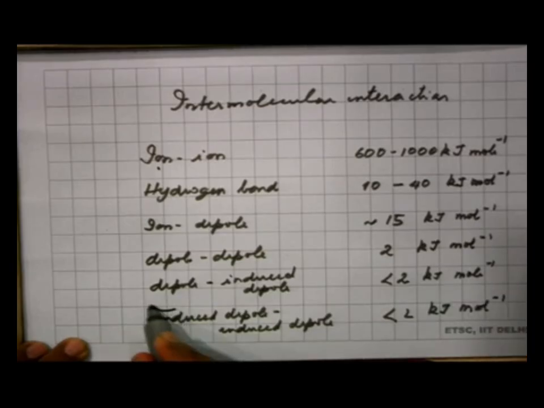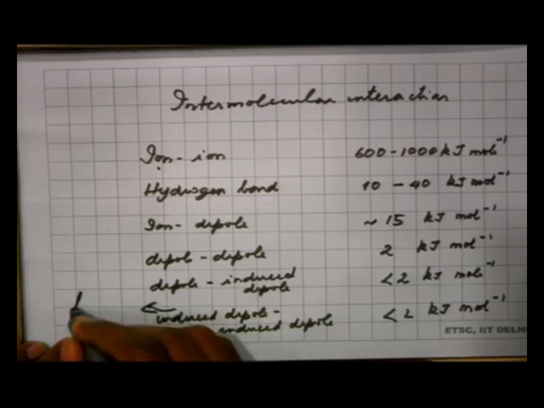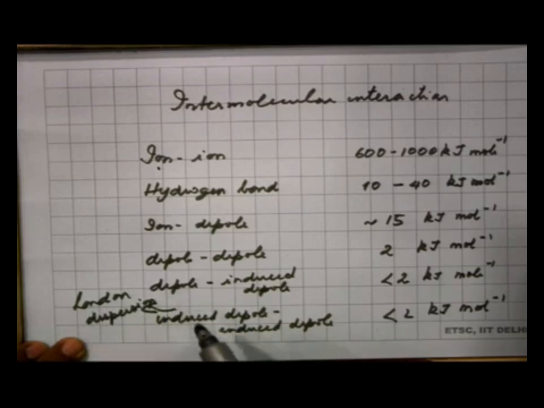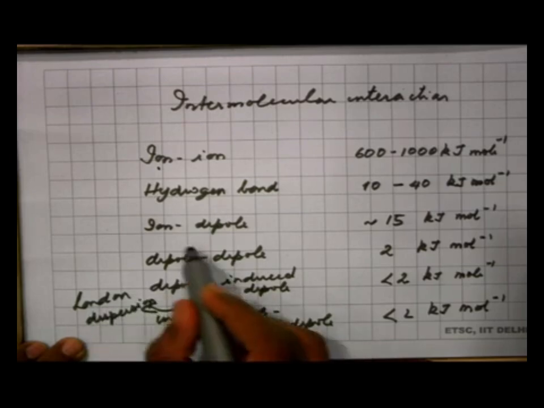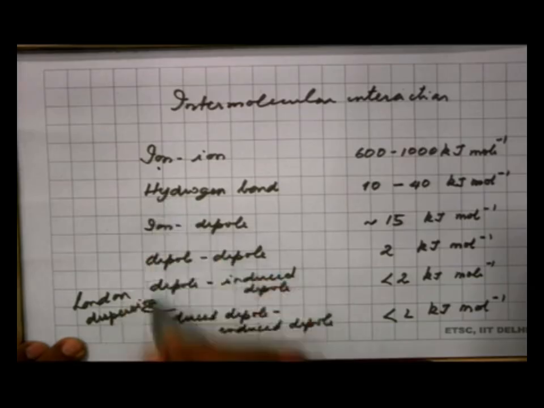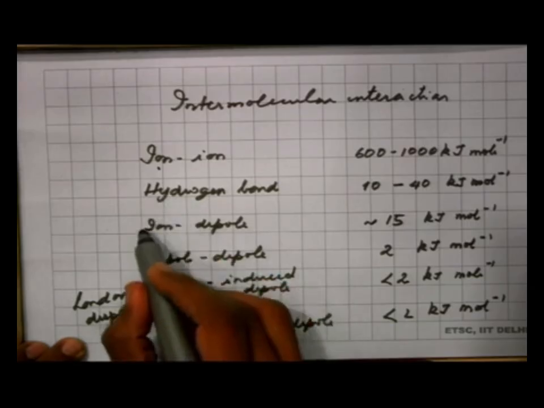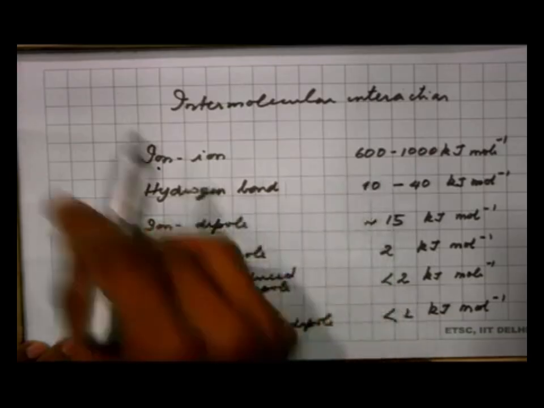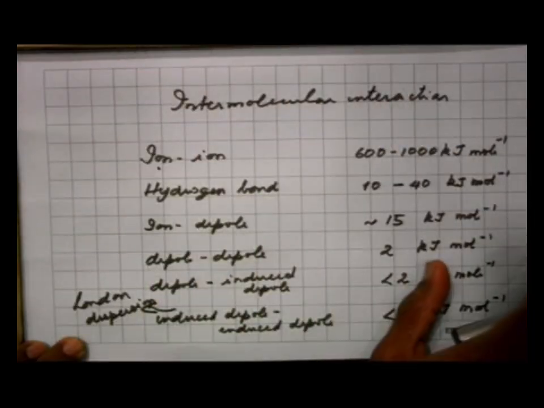And this one, people might call it London dispersion. And often all three of these, maybe the ion-ion and the ion dipole excluded, would be called van der Waals interaction by some people.